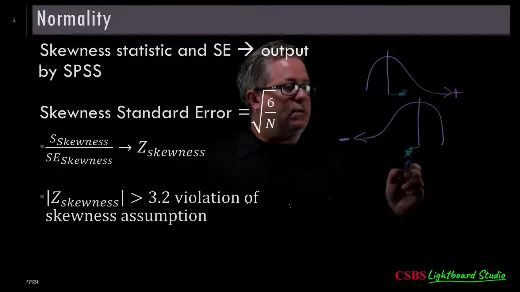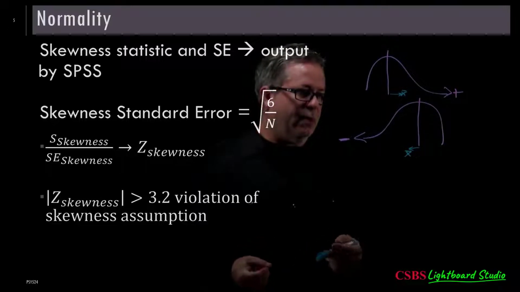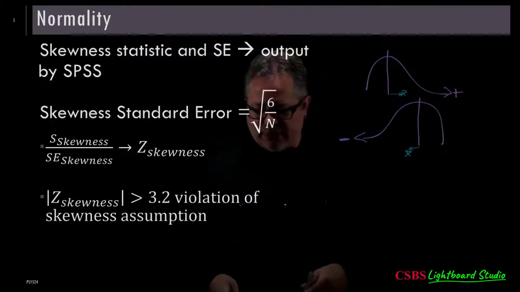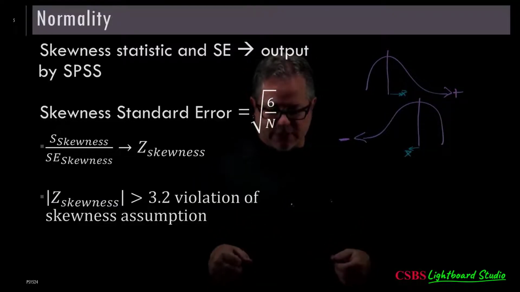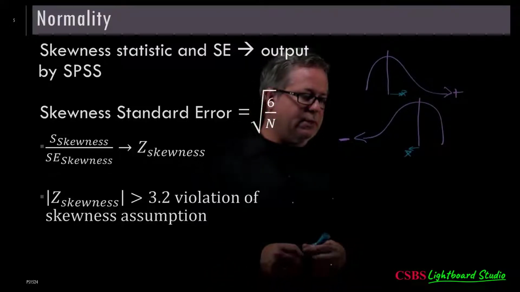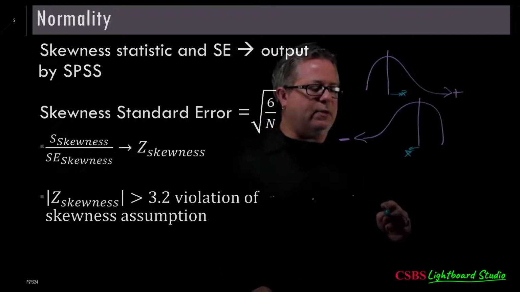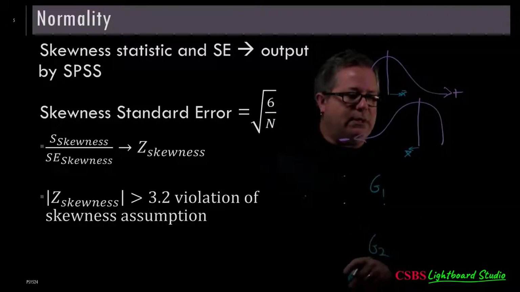Anything that's going to change the mean or pull it out of place is going to wreak some havoc on an ANOVA, on a t-test, that kind of stuff. It does mess with things. But let's say I have group 1 and group 2, and we're trying to compare them with a t-test.